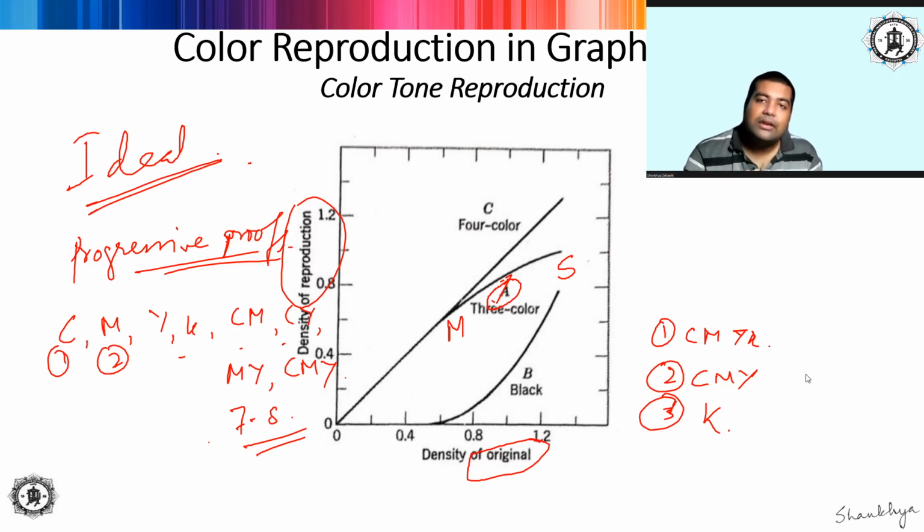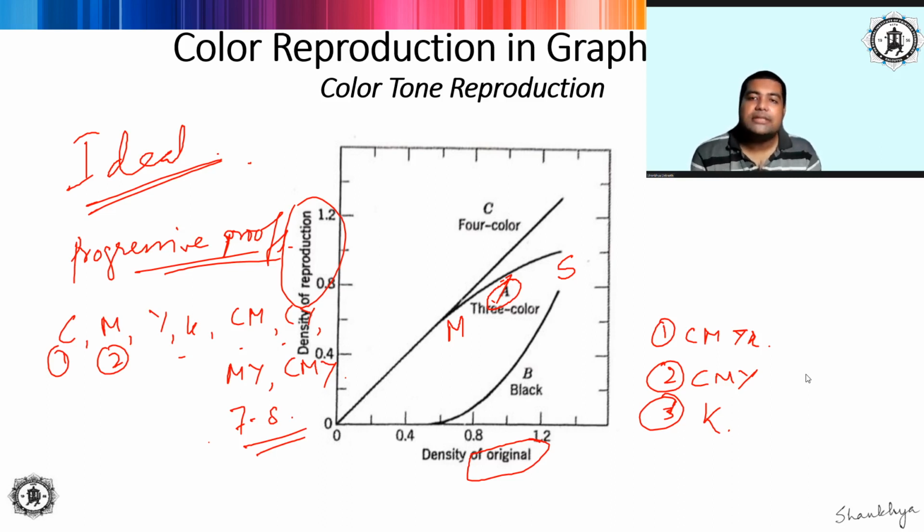I think you already know the answer to the question why this is not happening. You see that our subtractive primary inks, they are all having some hue deficiency. Because of this, and there are other problems like additivity failures, proportionality failure. So for all these problems that we have already discussed in the previous classes, the three color superimpositions will never create a full black or ideal black.